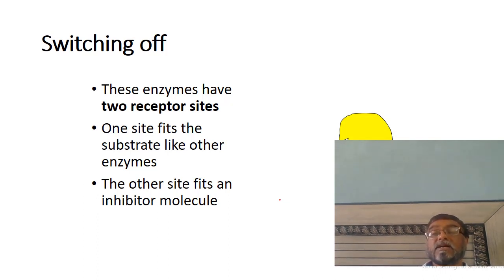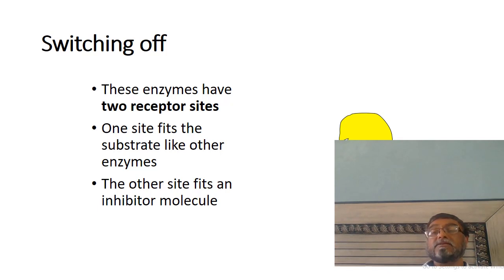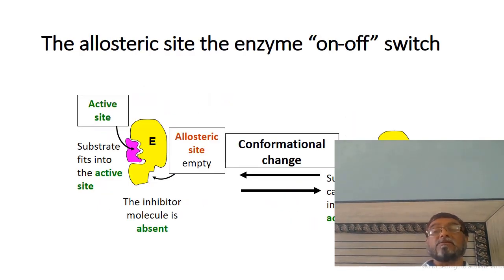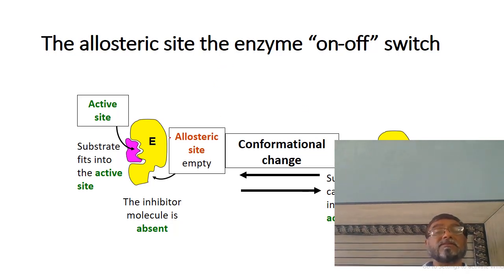So the enzyme inhibitor fits into the allosteric site, normally on this side, changing the configuration of the active site. Now you can see the substrate cannot fit into the active site. Look at the whole process. This is the active site.